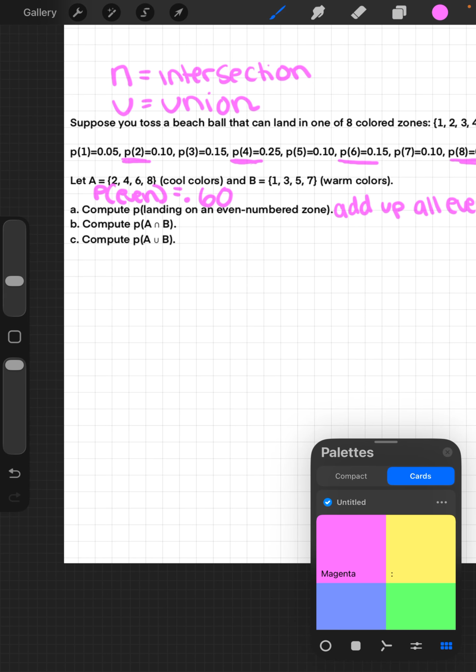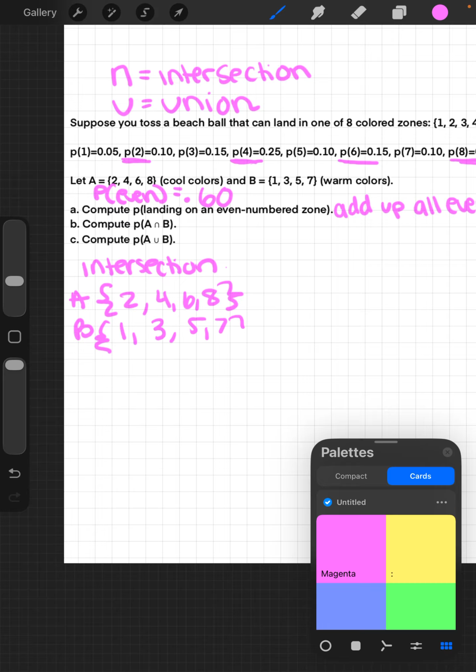I'm going to just write them all out so you can see side by side. 2, 4, 6, 8. Then I have 1, 3, 5, 7. And we want to see if there's anything that is the same for both of them. And I don't see anything. So it would be 0.